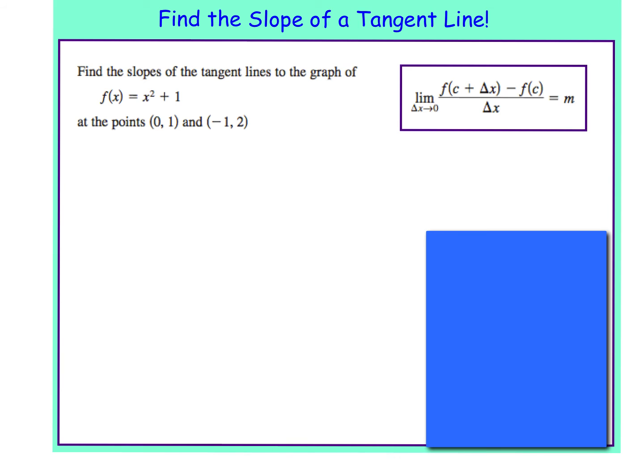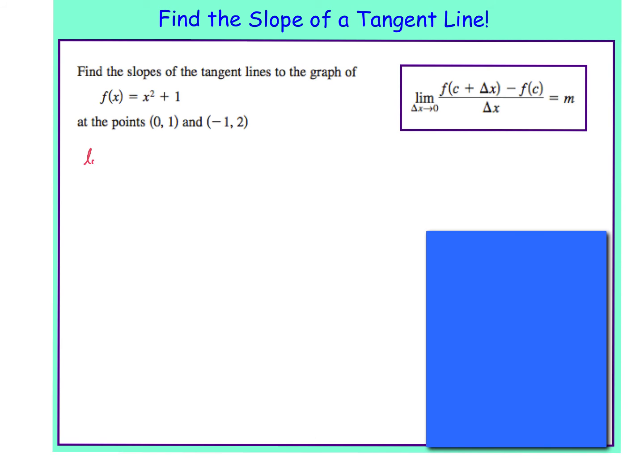So now I have the equation x squared plus 1. Now I'm going to find the slope of the equation x squared plus 1. Now, is this one linear? Nope. So I'm going to have to use a little bit of my slope formula. So let's substitute in.